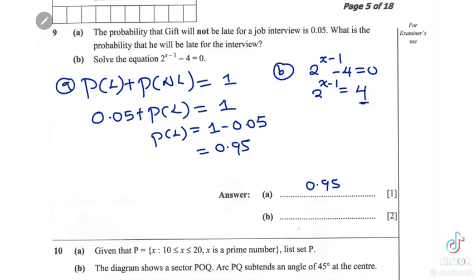Express this 4 to base 2. So you're going to have 2^(x-1) is equal to 2 to the power 2. So the bases are the same, which means the powers are the same. So x minus 1 is equal to 2. x is equal to 2 plus 1. Therefore, x is equal to 3.